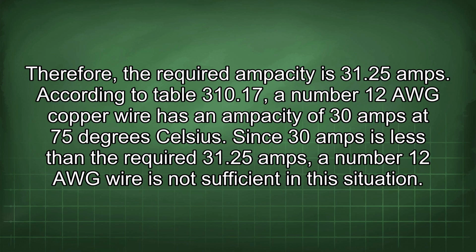Therefore, the required ampacity is 31.25 amps. According to Table 310.17, a number 12 AWG copper wire has an ampacity of 30 amps at 75 degrees Celsius. Since 30 amps is less than the required 31.25 amps, a number 12 AWG wire is not sufficient in this situation.